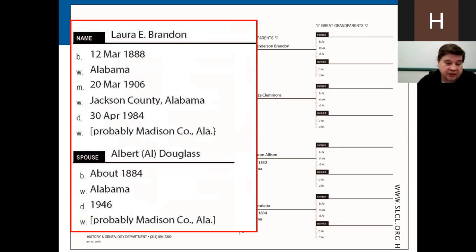There's a Laura Brandon who was born in March 1888 in Alabama. She got married to Al Douglas on the 20th of March, 1906 in Jackson County, Alabama, and died on the 30th of April, 1984, probably in Madison County, Alabama.